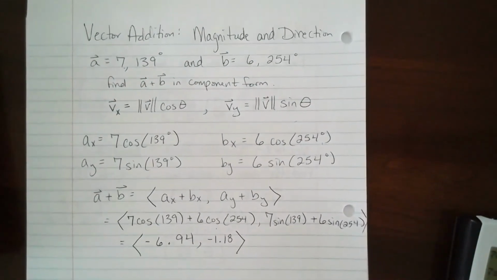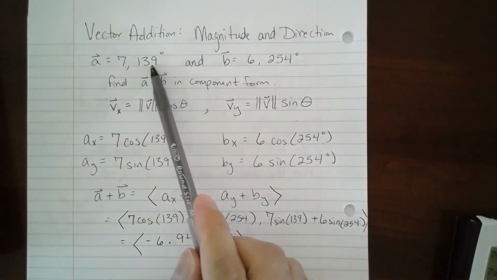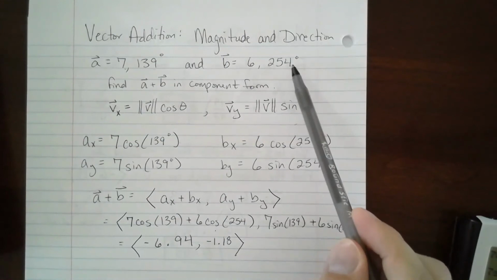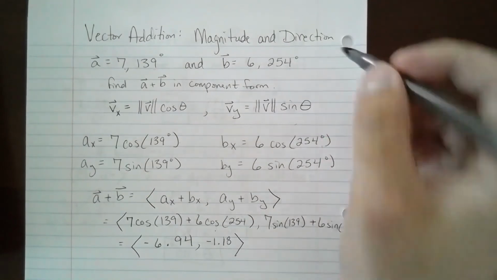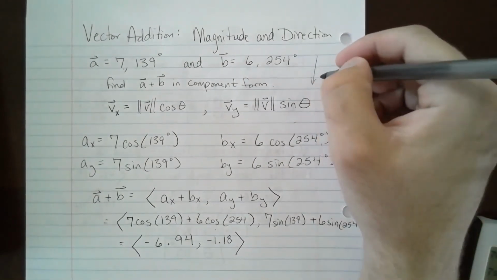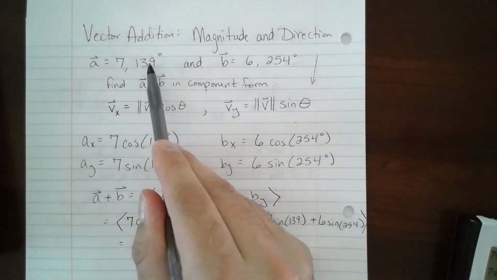And so again, we want to think maybe we did something wrong. Would that negative be a problem? And I say, well, 139 we said was in the second quadrant. This here was in the third quadrant. But I feel as though this is so close to 270 as to almost be pointing straight down, whereas this 139 is really non-committal as far as things go.